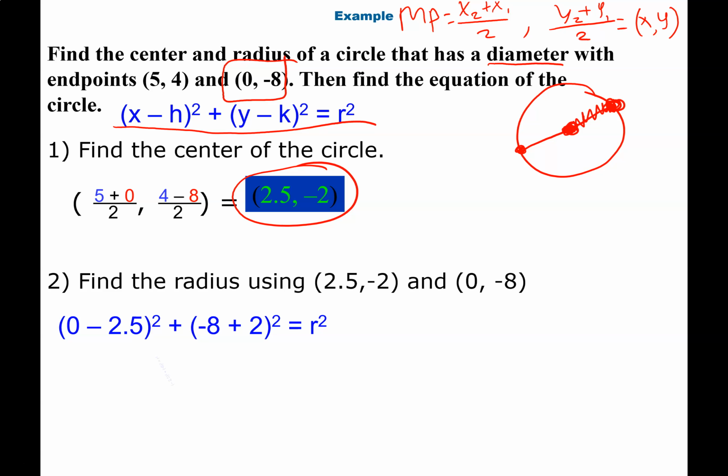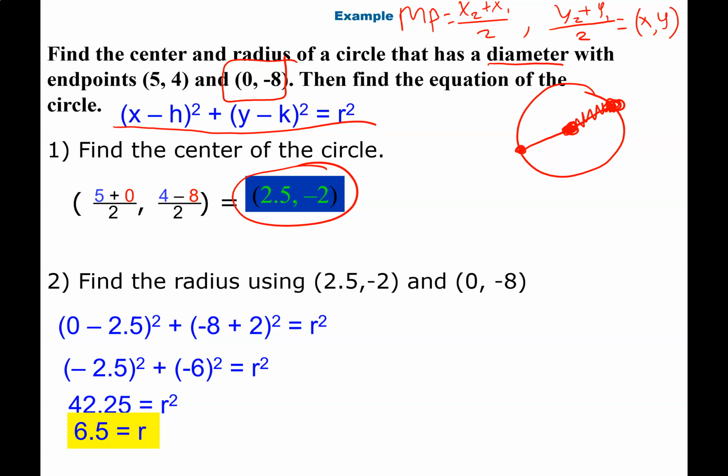So we're going to have negative 2.5 squared plus negative 6 squared equals r squared. When I pop it into my calculator and add it up, we should end up with 42.25. Again, I don't want r squared, I want r. So take the square root of each side, and we should end up with approximately 6.5 here.